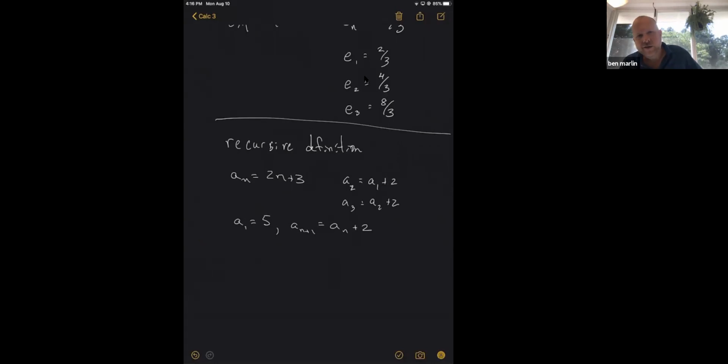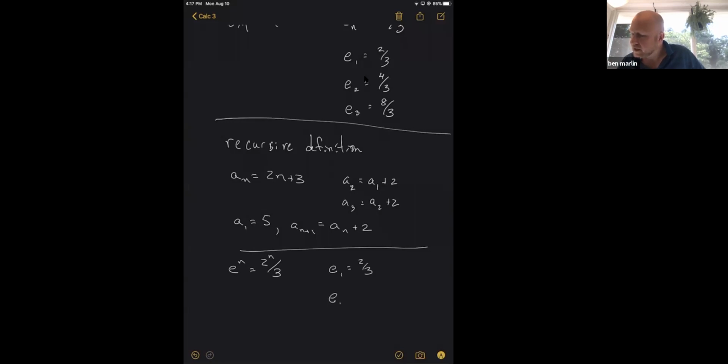Okay? So you can have definitions like that, and similarly for the e sub n that we had there, 2 to the n over 3. Let me back up and say e sub 1 is going to be equal to 2/3.